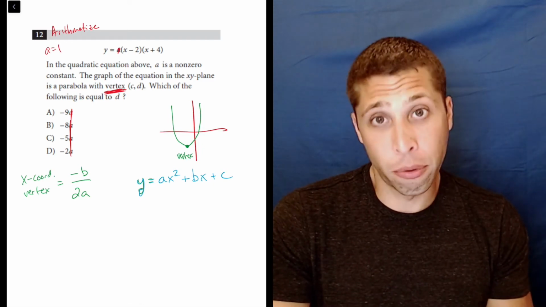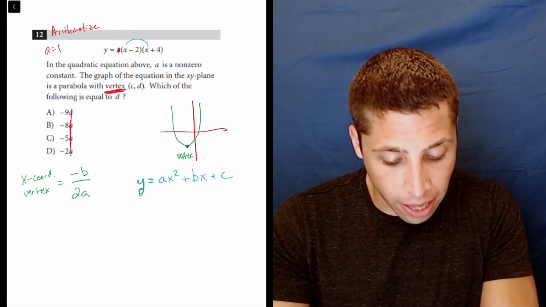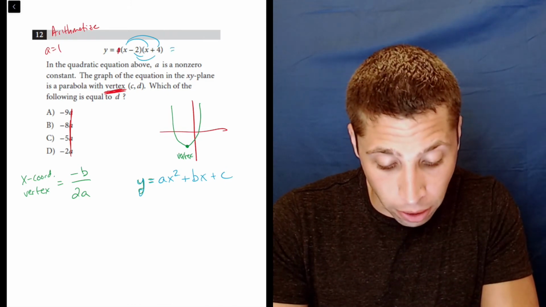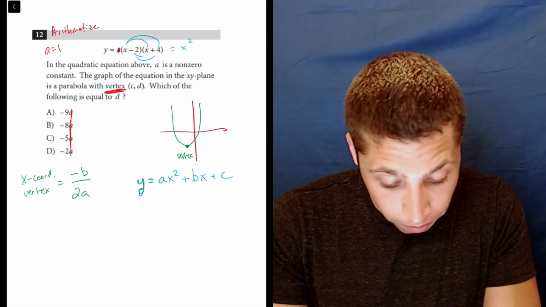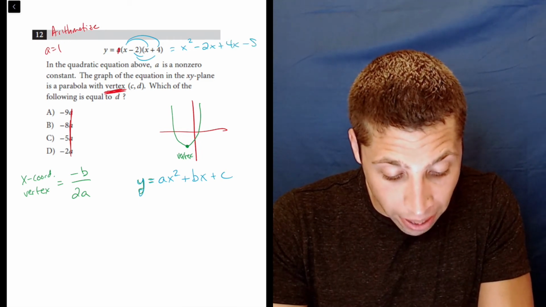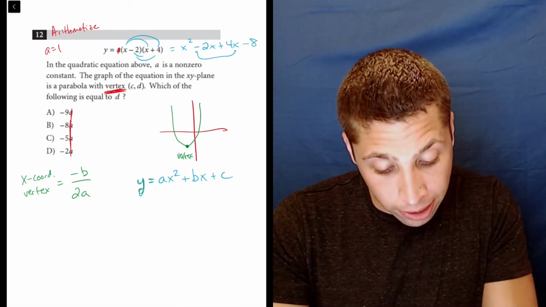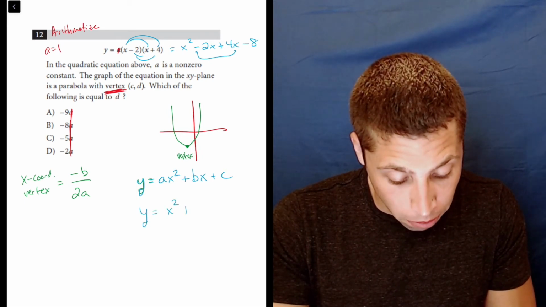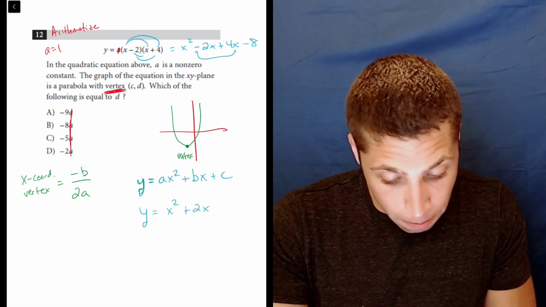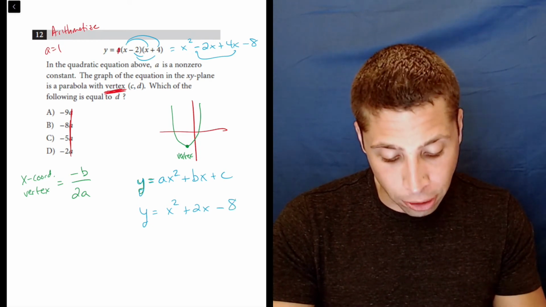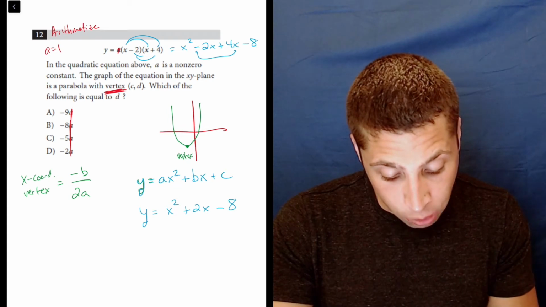I'm not in that form right now, but I could easily get there because I can FOIL, and so I'm going to have to do all this multiplication. I'd start with x squared minus 2x plus 4x minus 8, and then I can combine like terms, and I'm going to write it down here, x squared plus 2x minus 8. And now things start to match up here. So my a is 1.